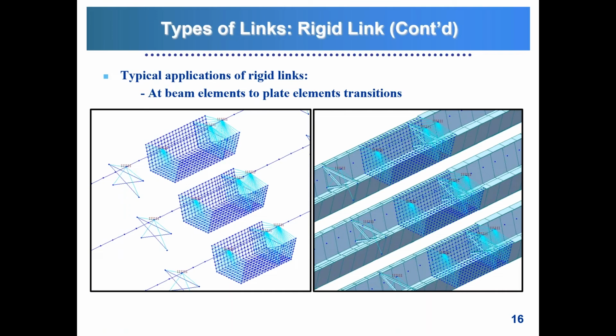So typical applications where we have used rigid links: beam to plate element transitions. For example, here we had a top girder bridge that we modeled with beam elements, and the analysis with beam elements suggested that the bottom flange was buckling.